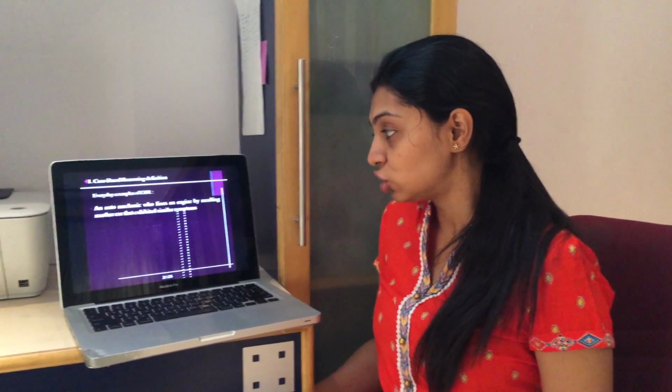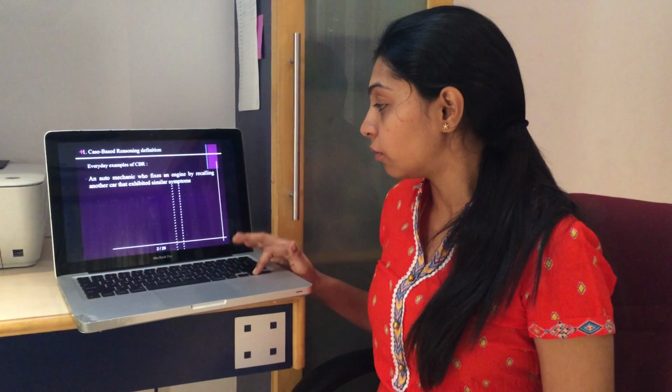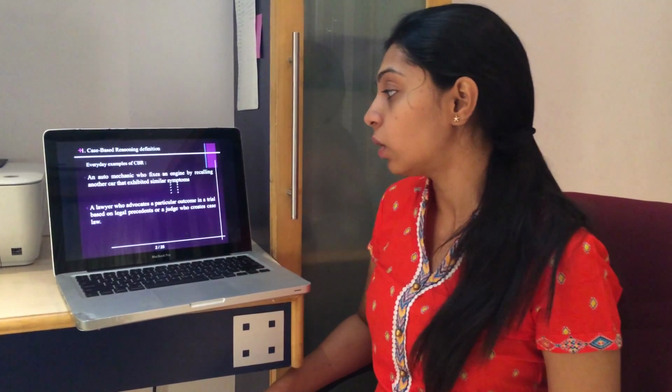In an everyday example, a simple example is an auto mechanic who fixes an engine by recalling another car that exhibited similar symptoms. So here the mechanic is using the techniques of a previously solved case to solve the new problem. Another example is a lawyer who advocates a particular outcome in a trial based on legal precedents, or a judge who creates case law.